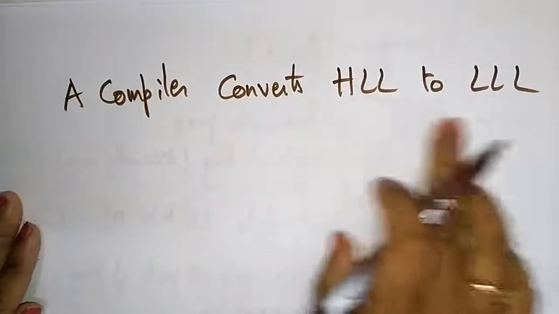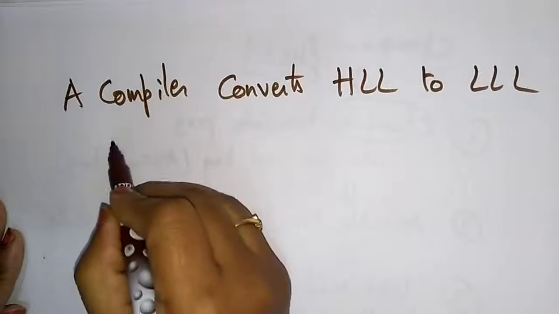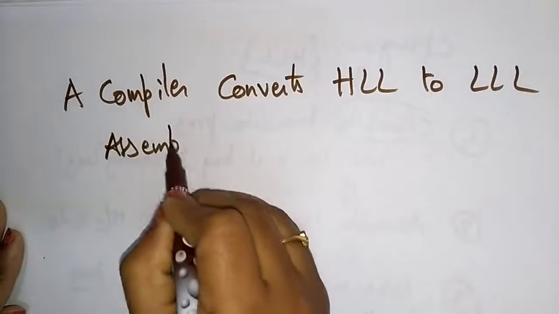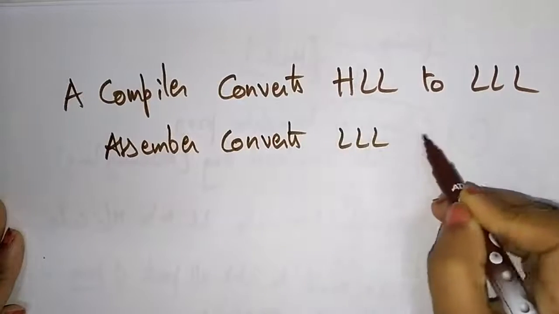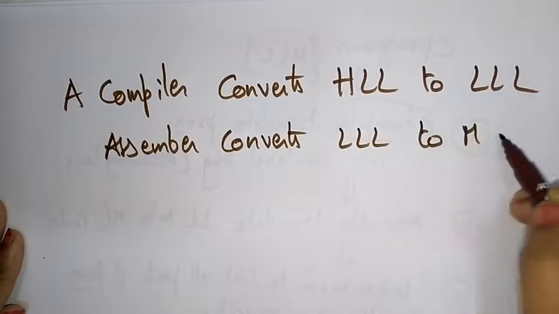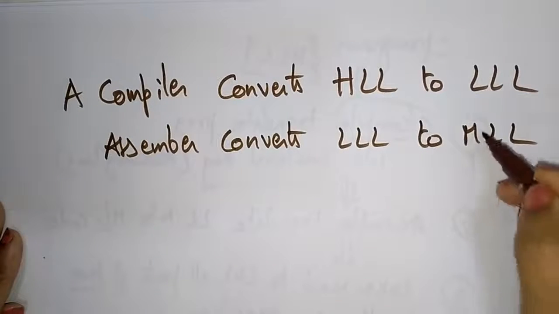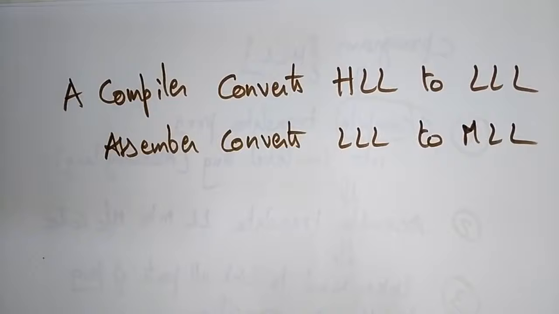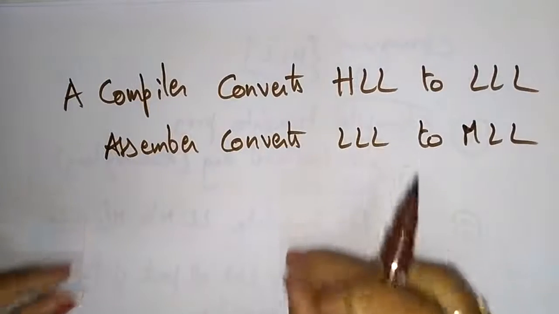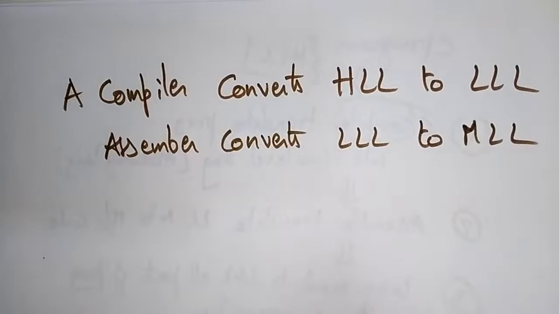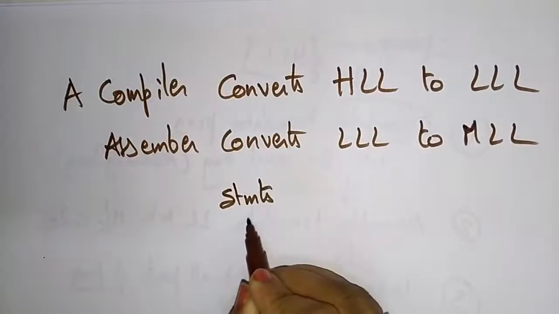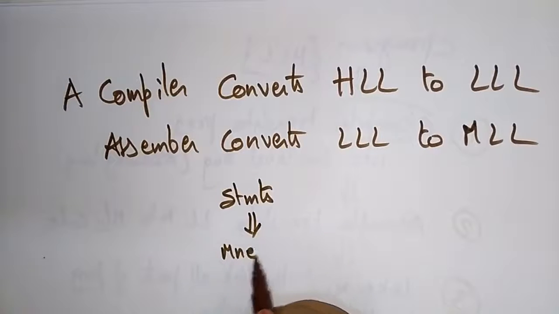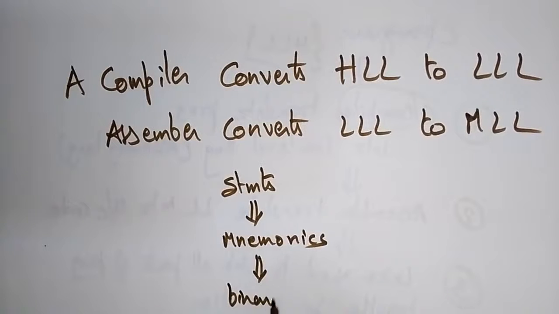The compiler converts high level language to low level language, and the assembler converts low level language to machine level language. The statements are converted into mnemonics, and the mnemonics are converted into binary code.